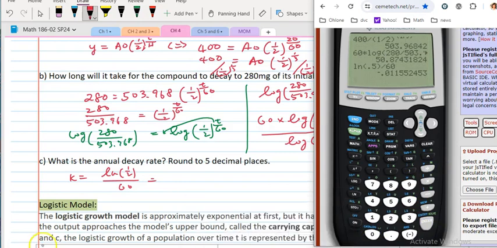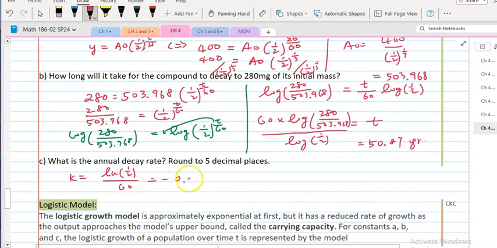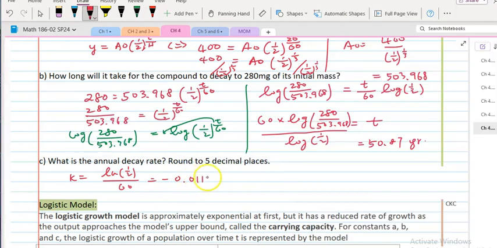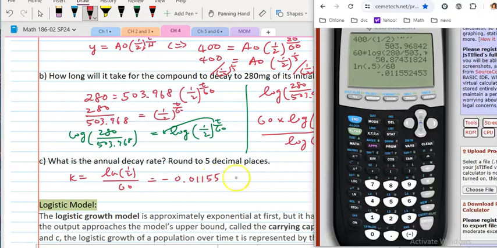So you could in the beginning, like here when you solve it, always just use 0.011155, 5 decimal places. 1, 2, 3, 4, 5.